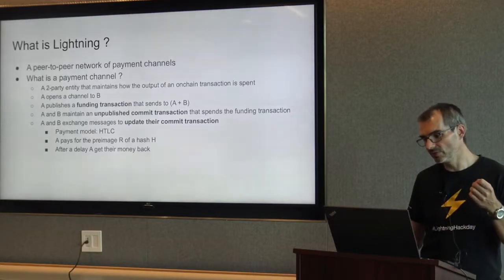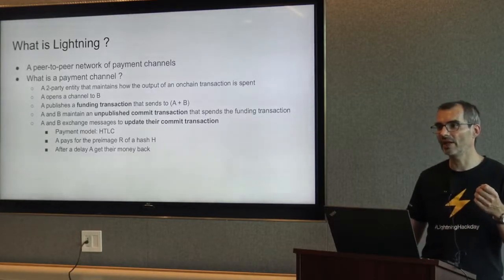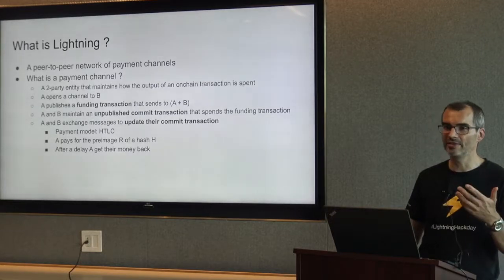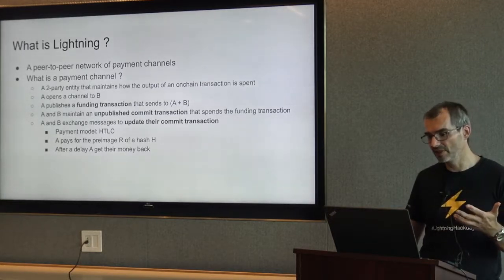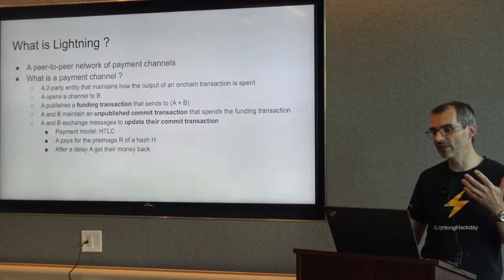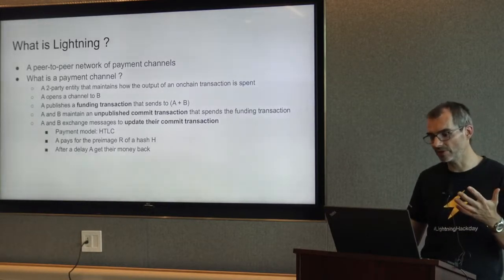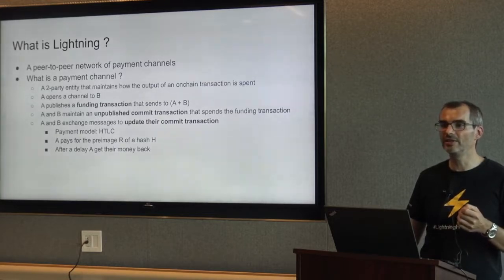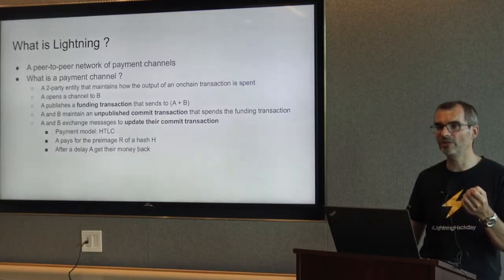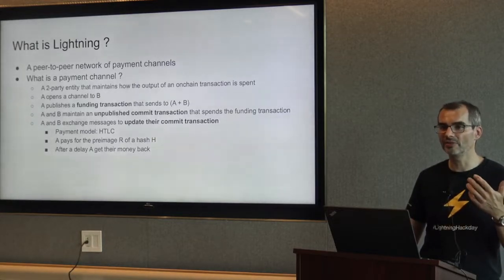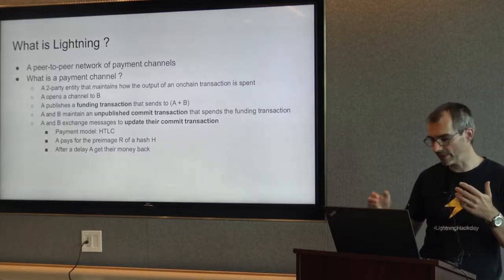So what you have are nodes that are connected to each other over TCP and that exchange messages to update their commitment transaction. And the payment model we have in Lightning is HTLC, hash time lock contracts, where basically you pay for the pre-image of a hash, and if after some time you haven't received anything back, you get your money back.